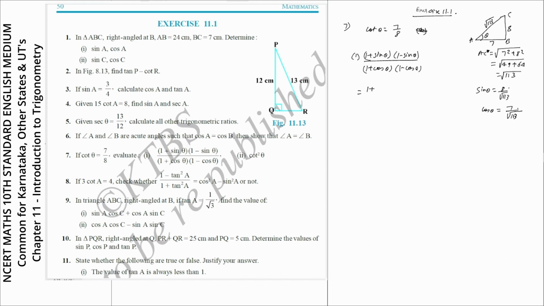So 1 plus sin theta is 1 plus 8 by square root of 113, into 1 minus sin theta, is 1 minus 8 by square root of 113, divided by 1 plus cos theta, which is 7 by square root of 113, into 1 minus 7 by square root of 113.